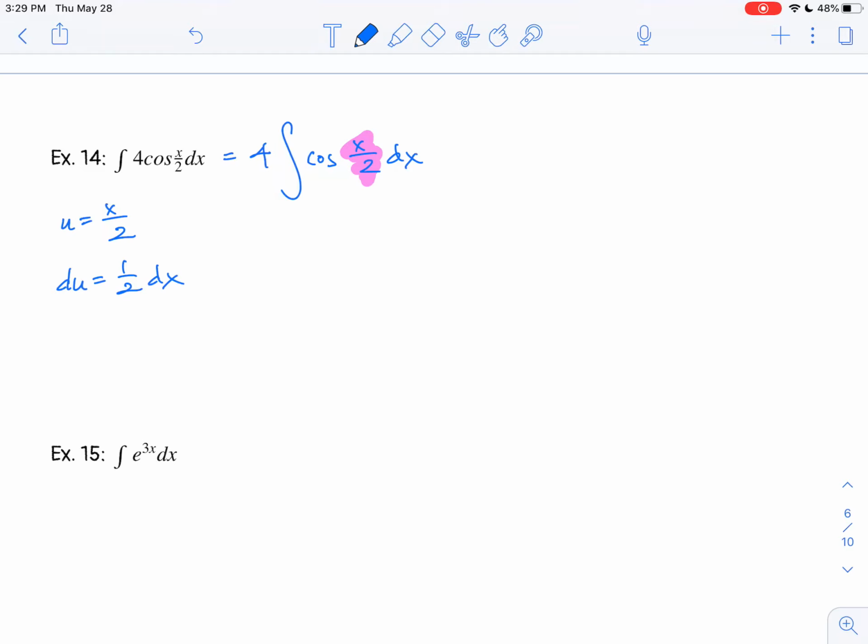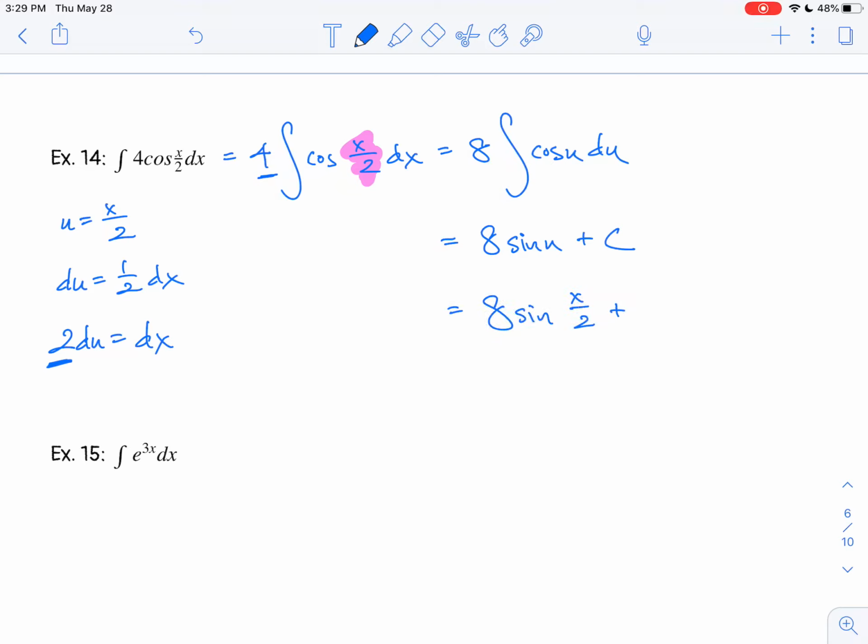And I only see a dx, so I need to multiply both sides by 2. So I'm going to get an extra factor of 2. So this 2 times this 4 is going to give me 8 times the integral of cosine u du, which equals 8 sine u plus c, which gives you 8 sine x over 2 plus c. Okay?